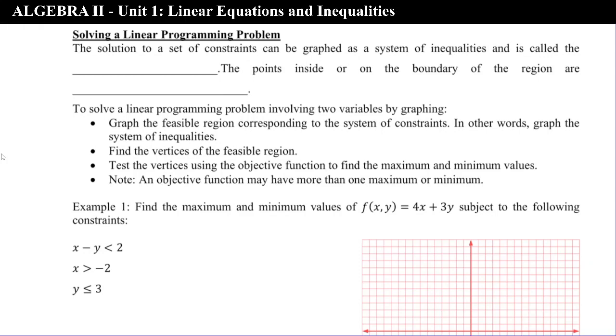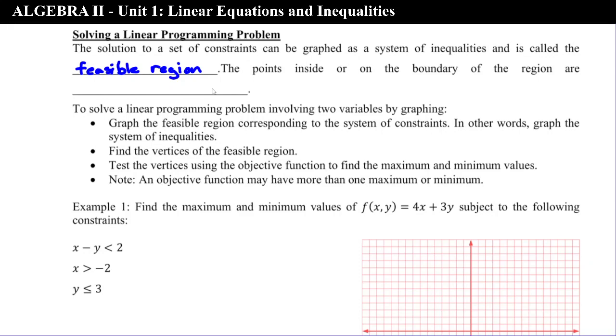Okay, so to find the solution to a set of constraints, you can do that by graphing the system of inequalities. And you can do that by finding out what the feasible region is. So I used that word earlier, feasible. You're going to end up finding what the feasible region is. And what that feasible region tells us is what types of solutions are reasonable, okay?